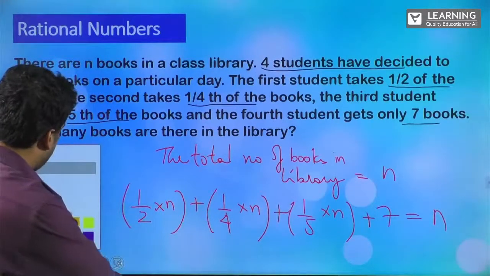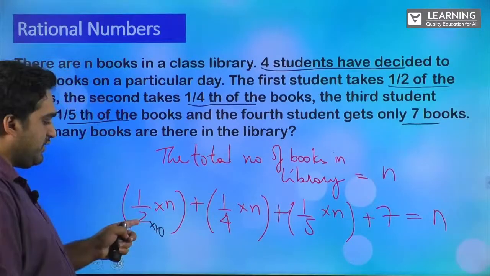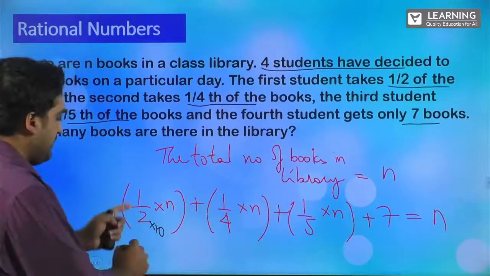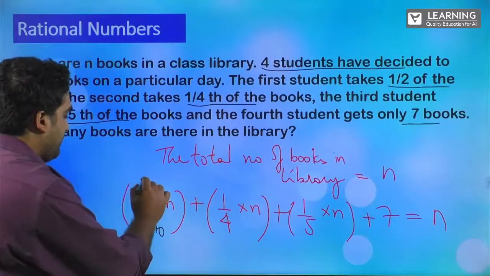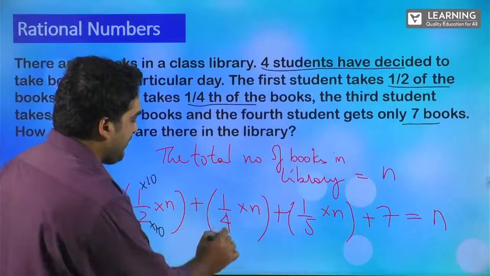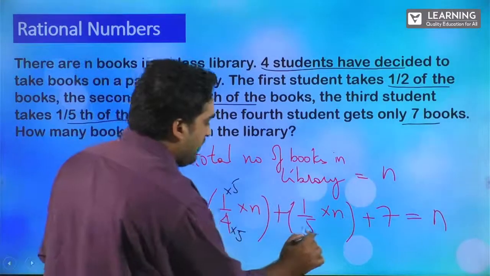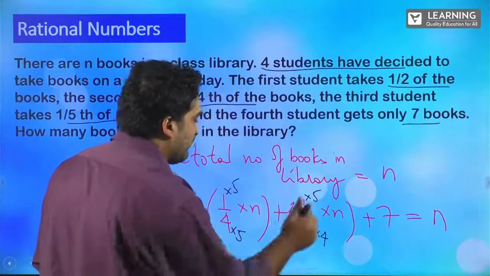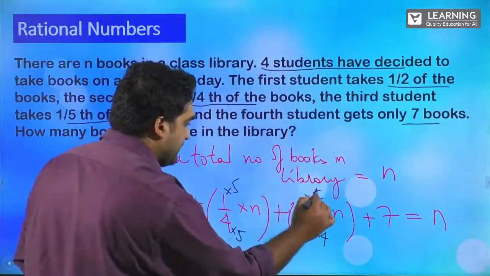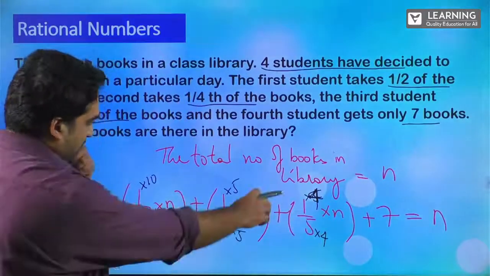Let me choose a different color. Into 10, so that 2 times 10 is 20. If I'm multiplying the denominator by 10, I have to multiply the numerator by 10. Similarly, 4 times 5 is 20, so times 5 to the numerator. 5 times 4 is 20, so times 4 to the numerator. That looks odd.